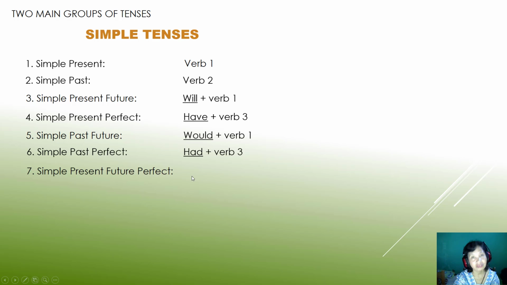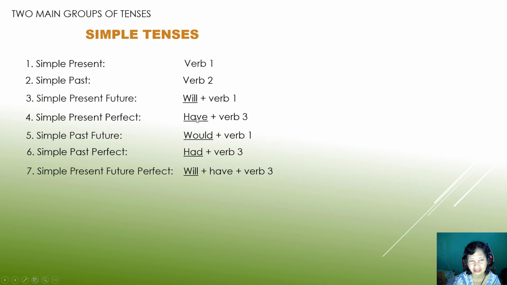Okay, number 7 is the combination of the simple present future and simple present perfect. That's why it becomes simple present future perfect. The pattern, also the combination: will plus verb 1.